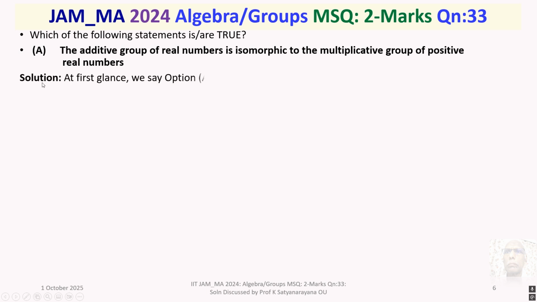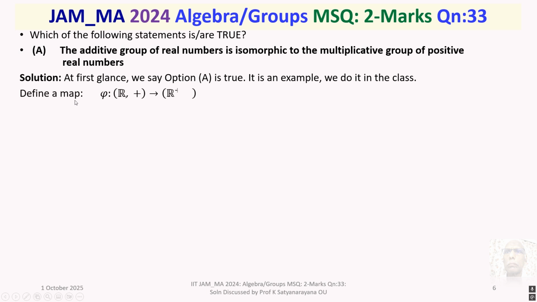Solution. At first glance, we get the idea that this option A is true. It's very familiar to us. It is an example that we normally do in our BSc class. It is a worked out example for all our students.